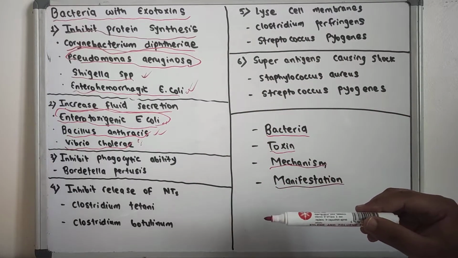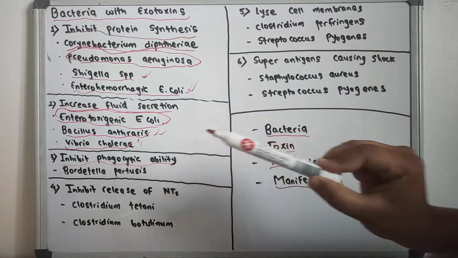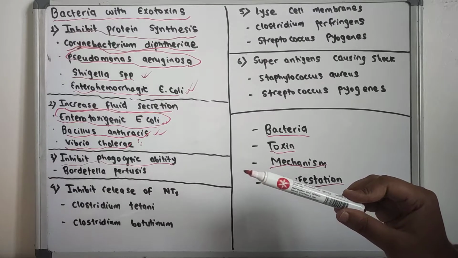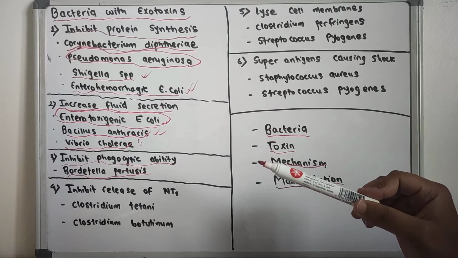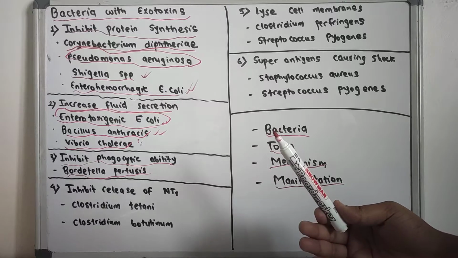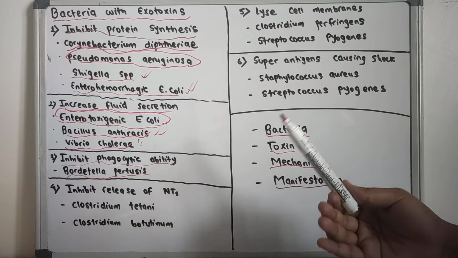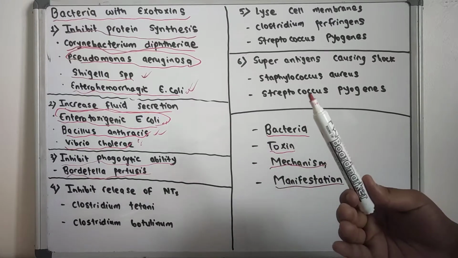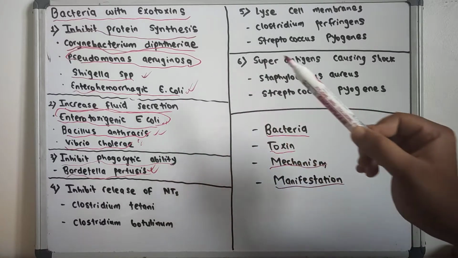Now let us talk about the bacteria which inhibit the phagocytic activity. The bacteria which inhibit the phagocytic activity is Bordetella pertussis. The Bordetella pertussis will release the pertussis toxin, which will inactivate the inhibitory G subunits of the Gi surface receptor, and the activation of the adenylyl cyclase would increase the cyclic AMP.